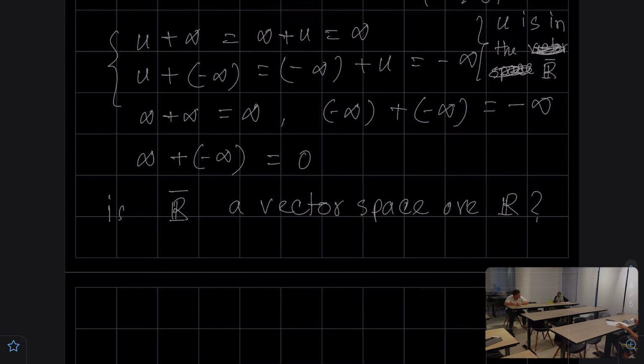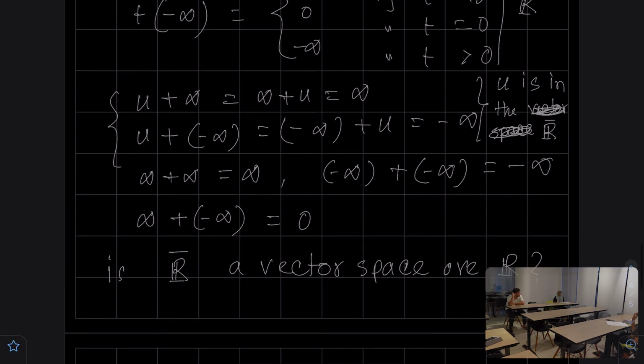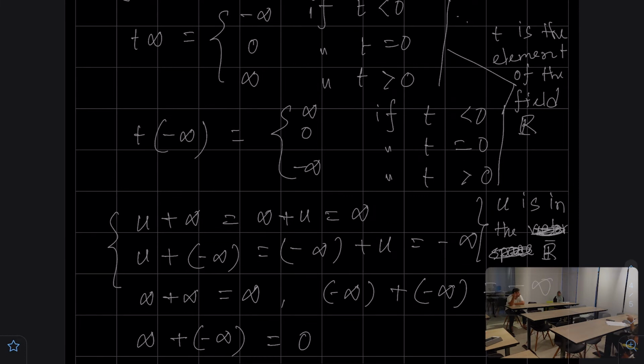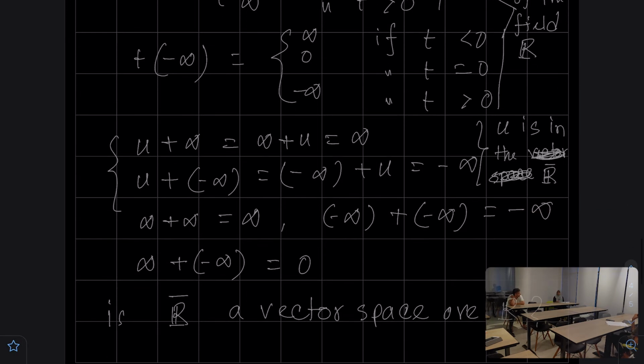Like you said, it's the inverse of infinity, so that means it's supposed to be 0. Infinity is not the additive identity. Infinity is an element whose additive inverse is minus infinity.